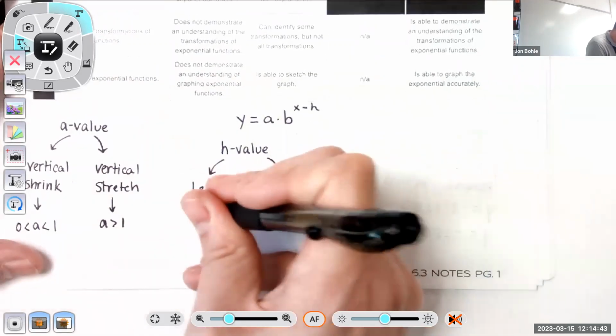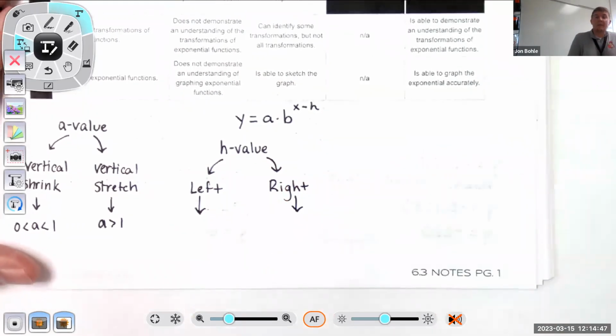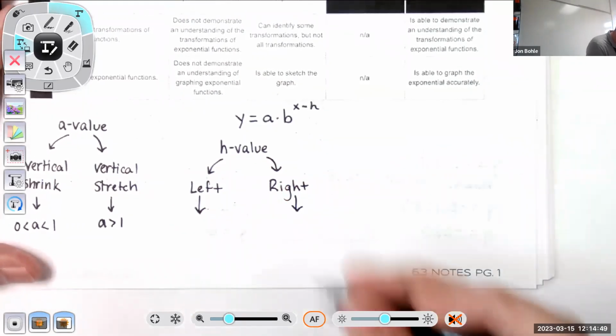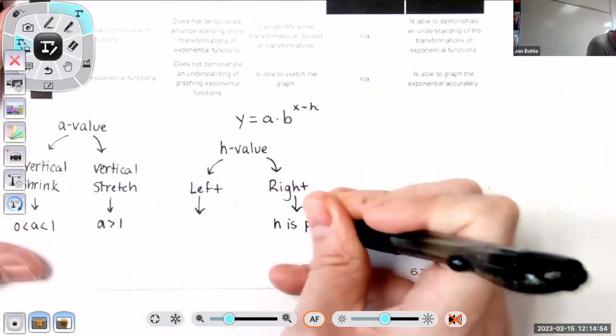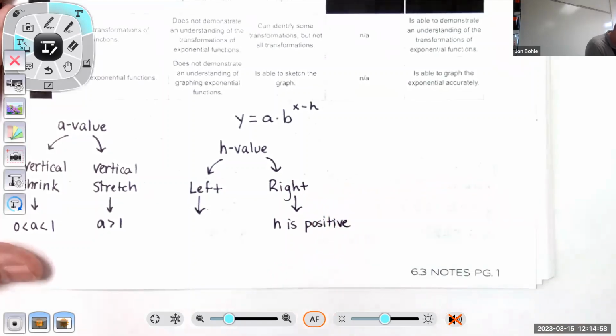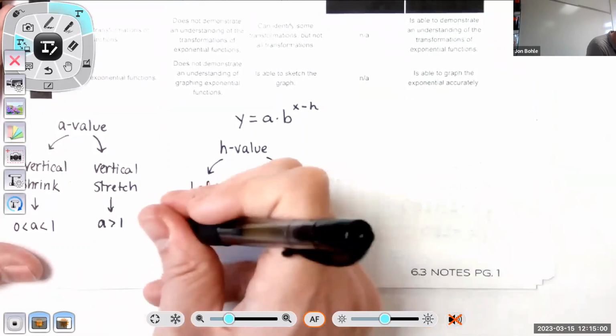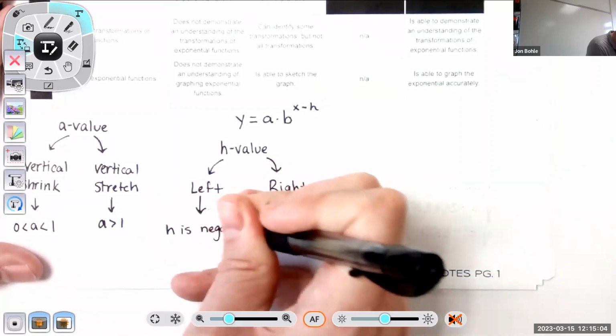Okay. I've yet to have a class that hasn't said exactly what you said. But technically, and I'm going to explain why, when H is positive, it's right. And when H is negative, it'll move left.